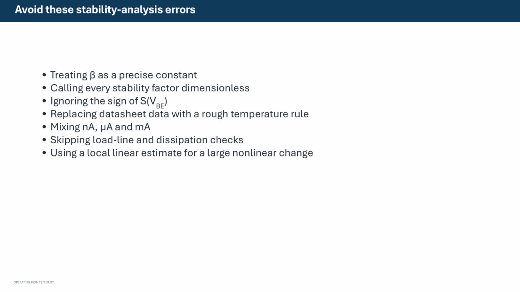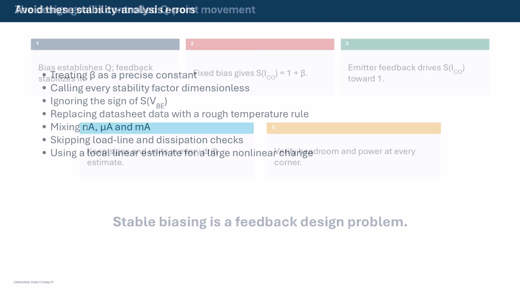Unit errors between nanoamperes, microamperes and milliamperes are especially dangerous. Finally, do not assume that a low numerical stability factor guarantees a safe design. Always check load line position, voltage headroom, power dissipation, and whether the linear sensitivity approximation remains valid.